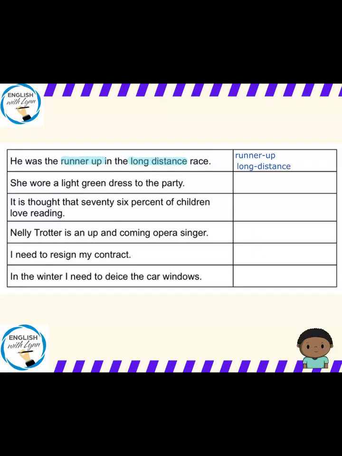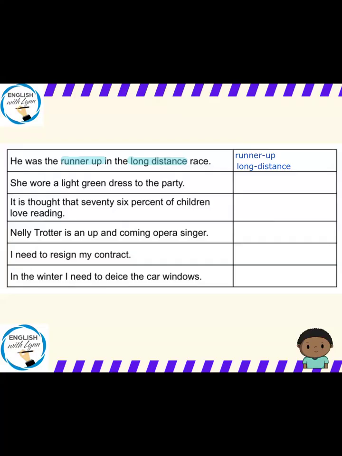Now the next one, where you put this is going to make quite a difference. So, she wore a light green dress to the party. Again, it is being used for a compound adjective, because if you don't have the hyphen there, it is going to sound as if the dress is light and the dress is green.